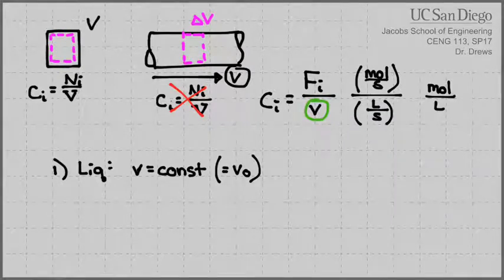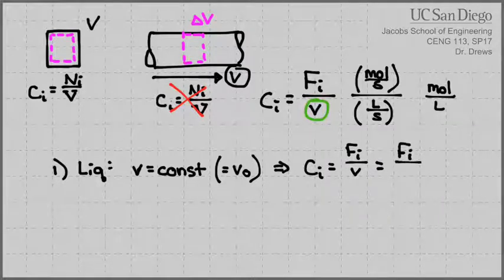If you have a liquid system, life is a little bit easier, and C sub I can therefore be equal to the molar flow rate divided by little v, or the molar flow rate divided by v0, v0 being the entry volumetric flow rate. It doesn't matter, you can pick either one.